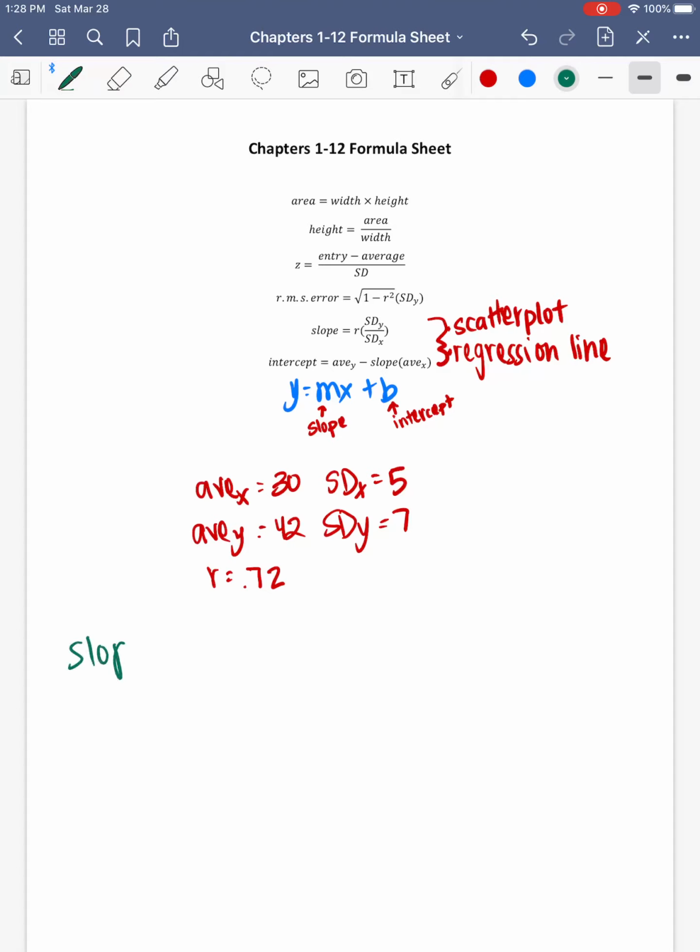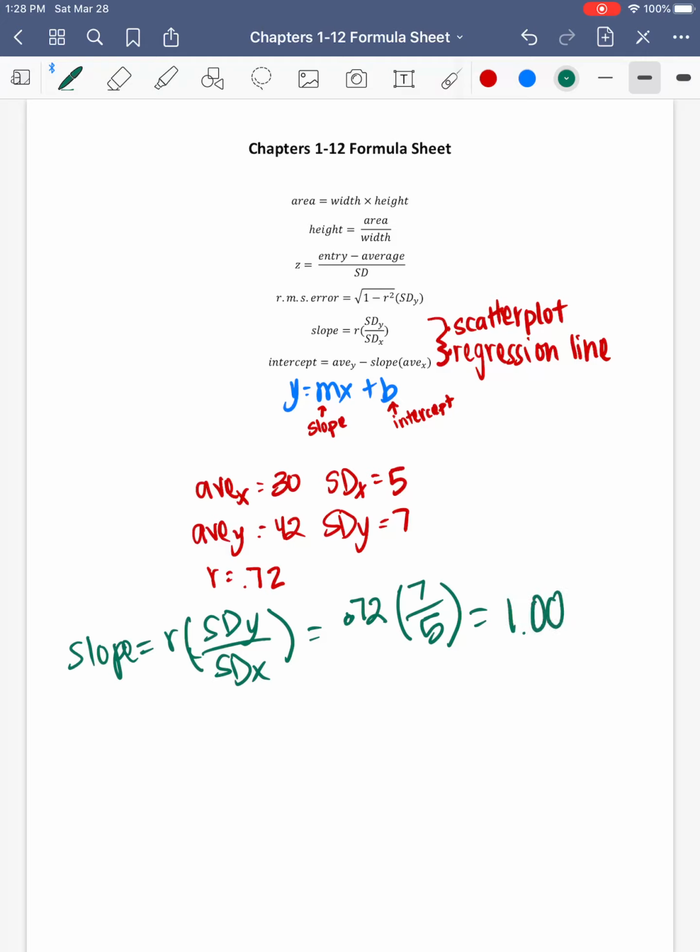So our slope will be equal to r times SD of y over SD of x. So r is 0.72 times SD of y is 7, SD of x is 5. 0.72 times 7 divided by 5 is 1.008.